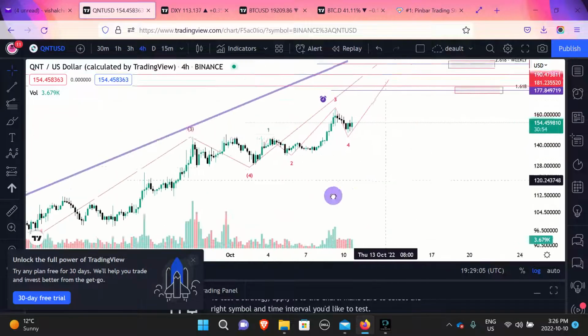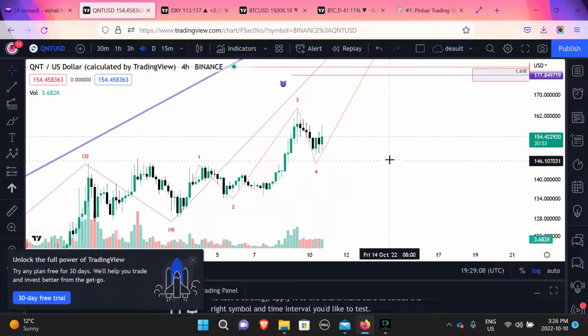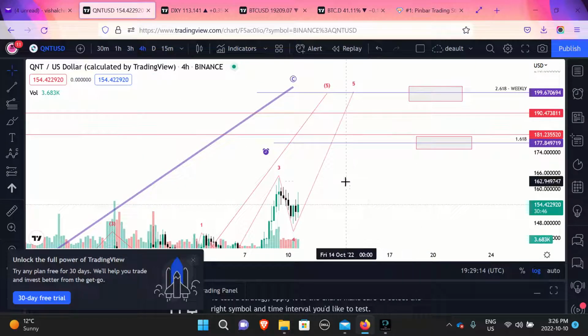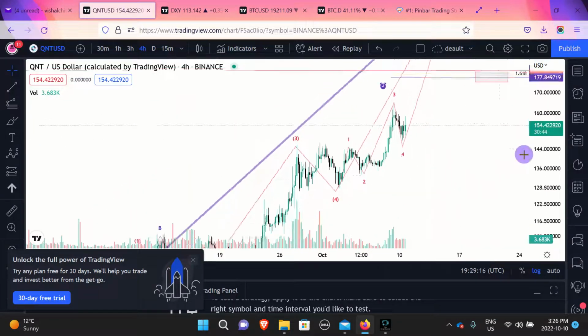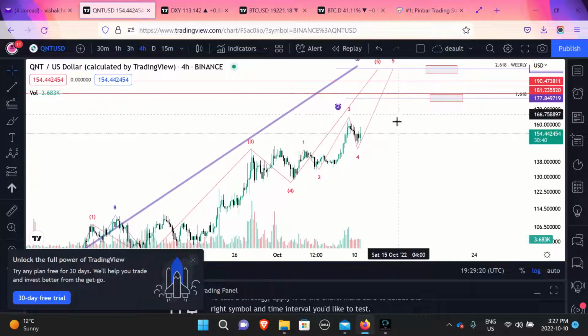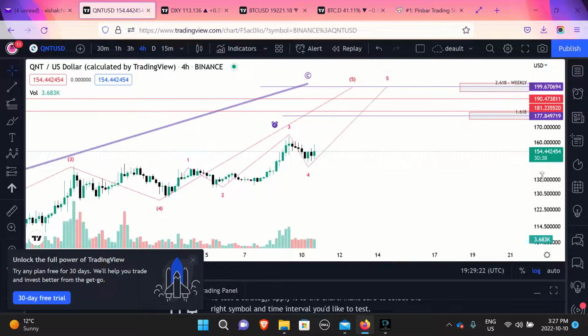We're working on our 5th leg, and within those waves, we have subwaves: 1, 2, 3, 4, and then we're working on our wave 5. So we're on our wave 5 of our wave C. Hopefully that makes sense for you.